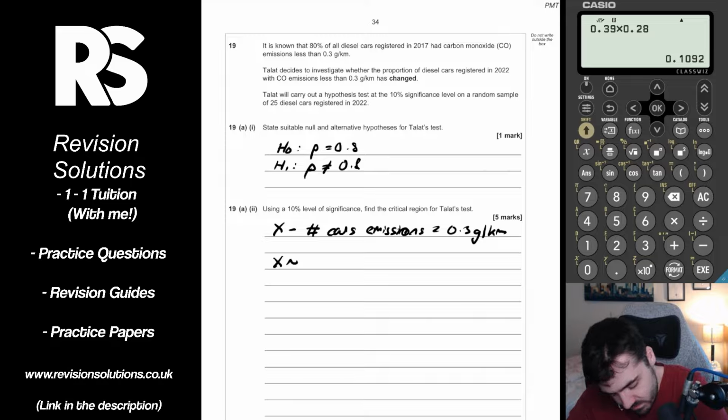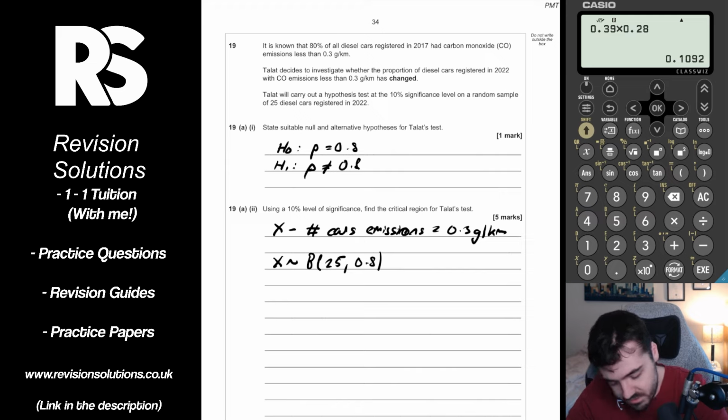And we need to use a binomial then. That's a yes, no, whether they satisfy that. And he took a sample of 25 diesel cars in 2022. And the null hypothesis is that 0.8 is the proportion of cars.